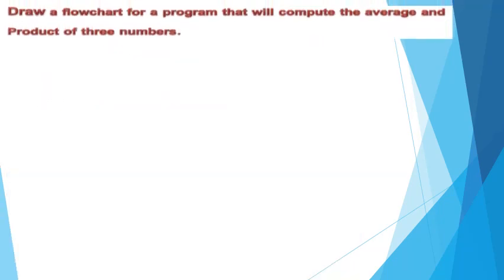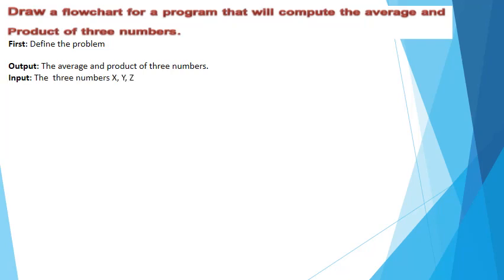The second example: draw a flowchart for a program that will compute the average and product of three numbers. First thing, I should define my problem. The output: here we have two outputs, the average and the product. So I want two things, not one, the average and the product of three numbers.